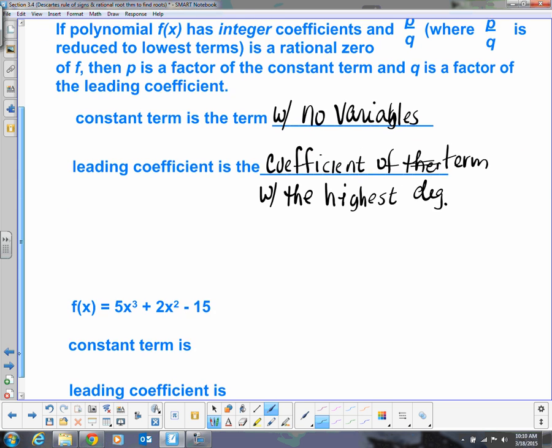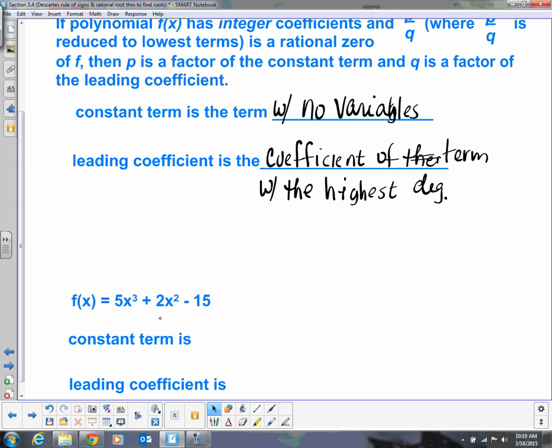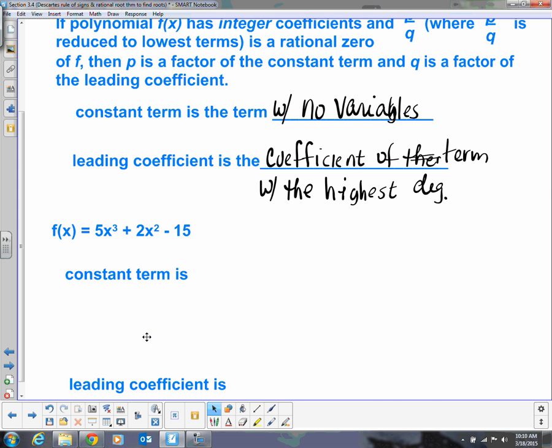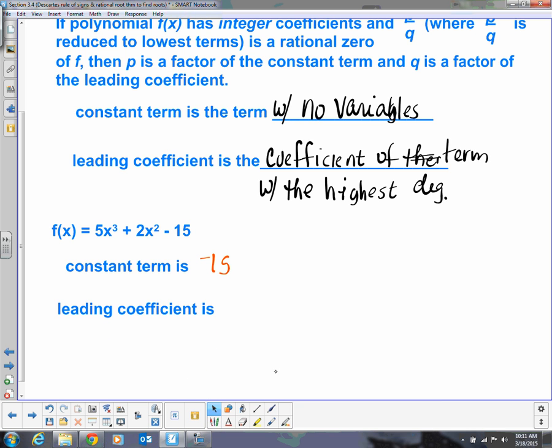So in this polynomial right here, what is the constant term? It is negative 15. And what is the leading coefficient? 5. So if I were going to set up p over q, I would be setting it up as negative 15 over 5.